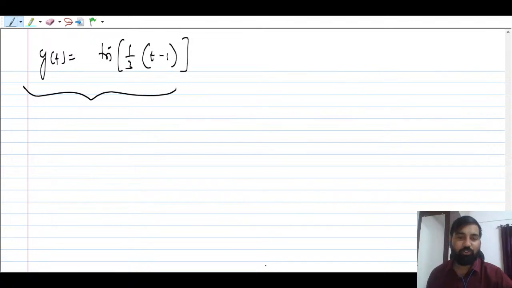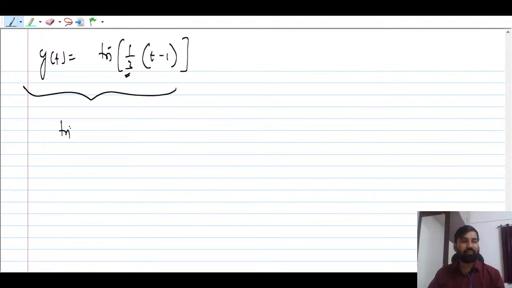So how do we plot this? Here you have to remember what has been done. The signal x of t equals triangular of 1 by 3 t minus 1. First forget about the scaling, just forget about it.